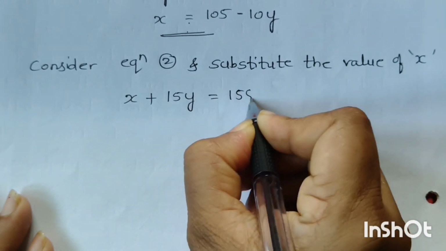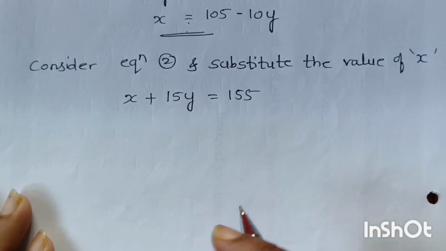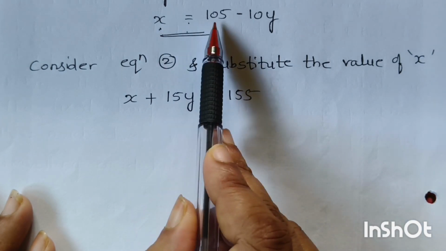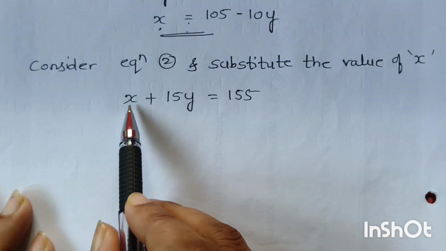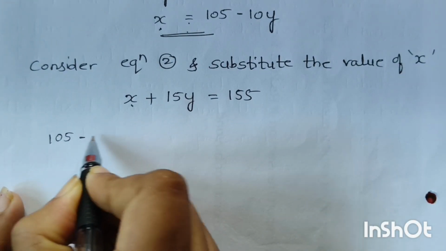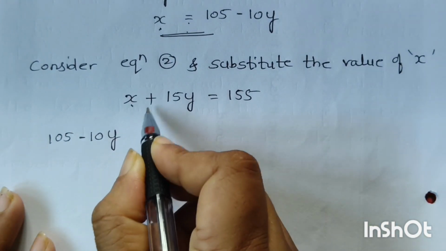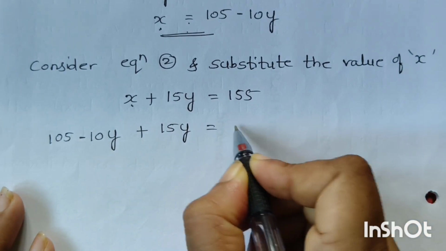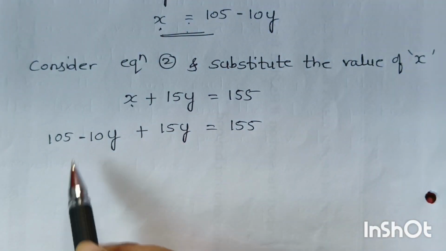This is our equation 2. Now in this, let us substitute the value of x. X is equal to 105 minus 10y. So in the place of x, let us write 105 minus 10y. For this plus, let us write plus 15y is equal to 155.